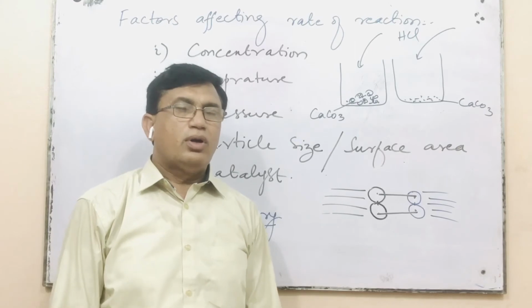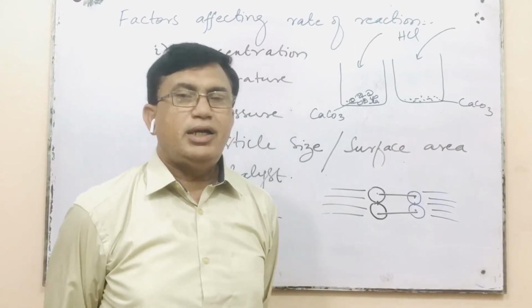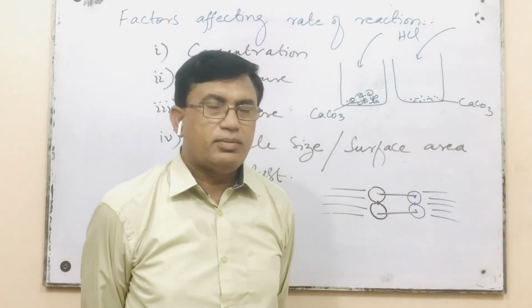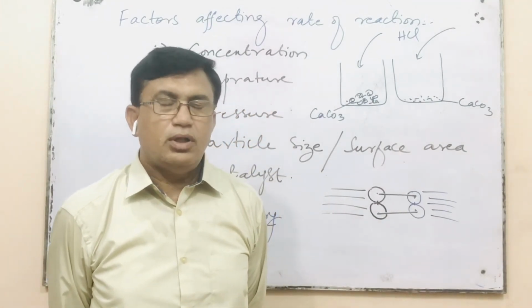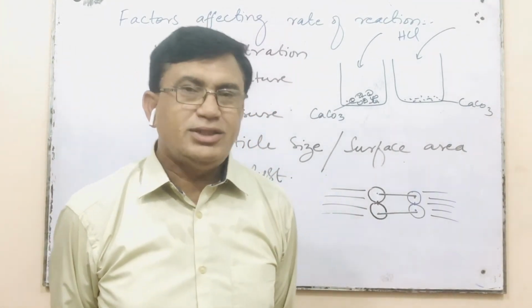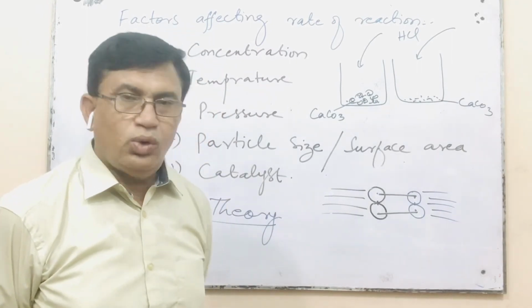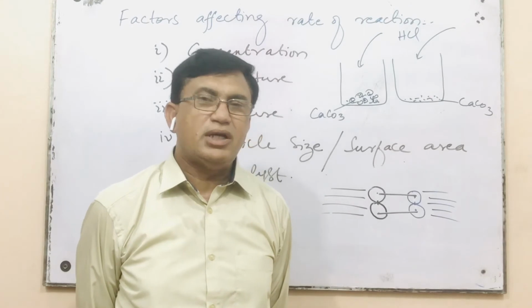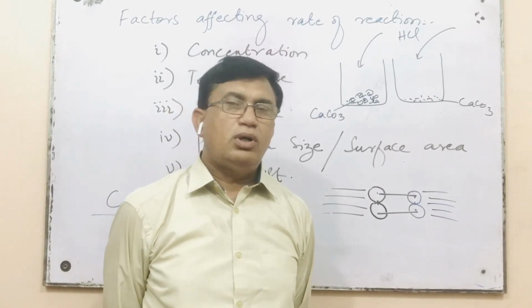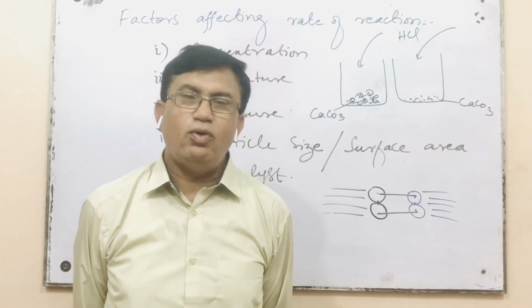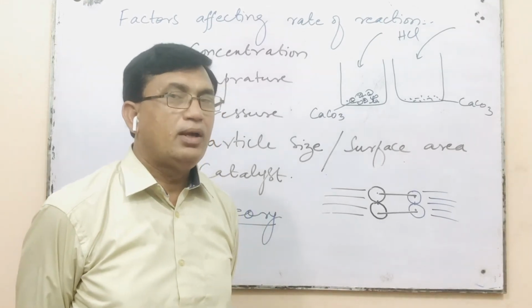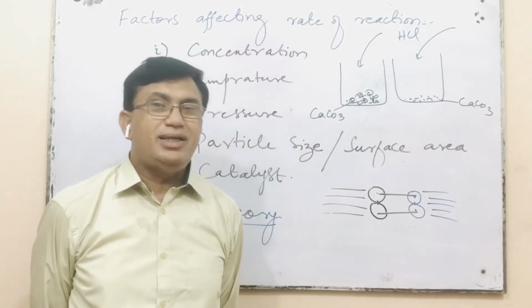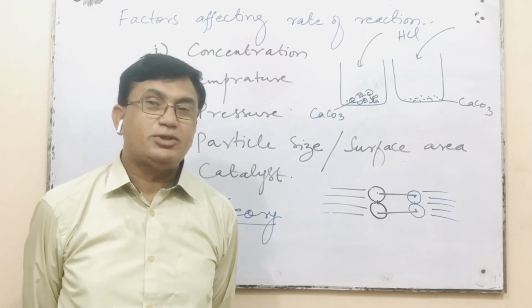In coal mines, it is prohibited to ignite a naked flame. Why? Because in the coal mine, coal dust is present. In coal dust, the coal, which is a burning material, is present in fine, small particles. Whenever we ignite a flame, those small particles will ignite quite easily and an explosion will take place.